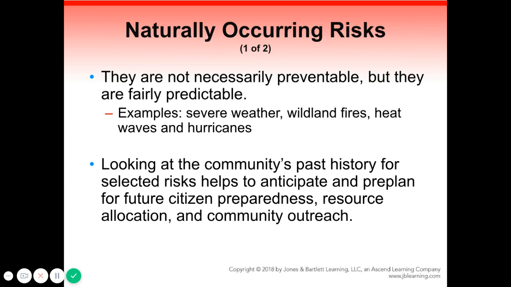Think about the hurricanes in general. We've had some major ones come through even this past year, and we had areas that we know are prone to flooding. So that would be something in your past history of areas to watch. Whenever we had Florence and Michael come through this year, we had areas in my community that were the first places we checked, because we know they were prone to flooding.